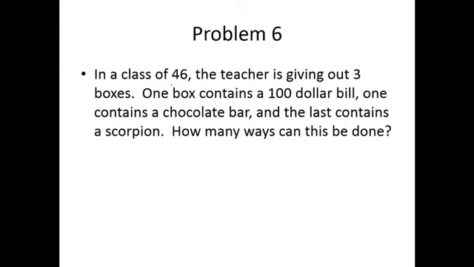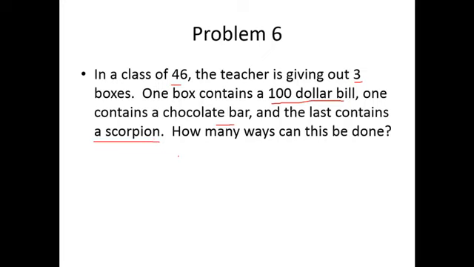Problem 6. In a class of 46, the teacher is giving out 3 boxes. One box contains a $100 bill, one contains a chocolate bar, the last contains a scorpion. How many ways can this be done? Here, clue in on the fact each of these is different. $100 is not a chocolate bar. A chocolate bar is not a scorpion.